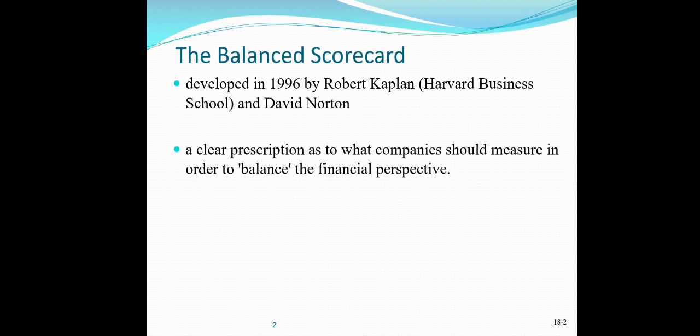So that is what Kaplan was trying to do. That's why the term balance is used here, to balance the financial performance with performance or qualities that cannot be measured in terms of dollar and cent.